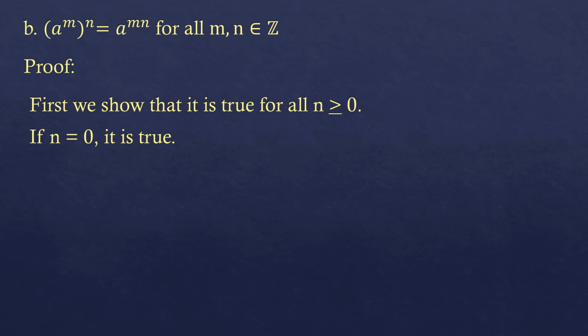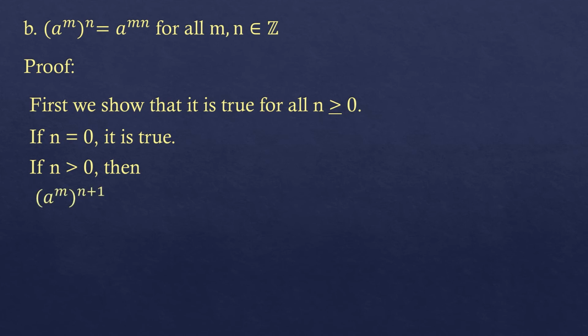If n is equal to 0, then it is true automatically because a to the power of m becomes an identity element, as well as a to the power of mn, it becomes a to the power of 0, so both sides will become an identity element. So that's automatically true. Now if it's n greater than 0, then it will be like this.